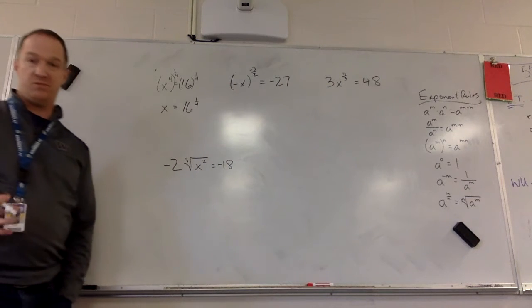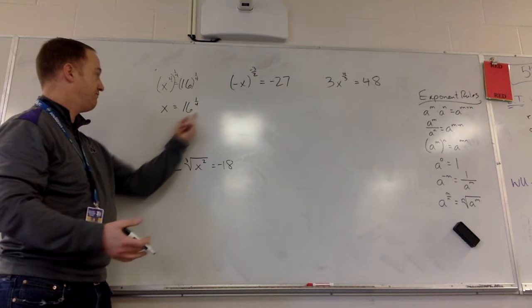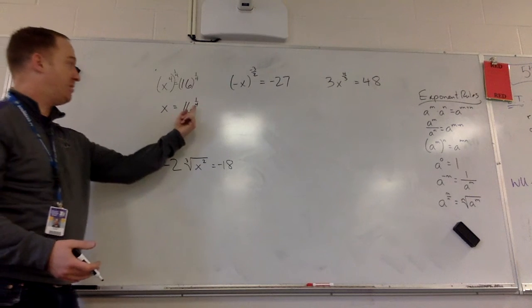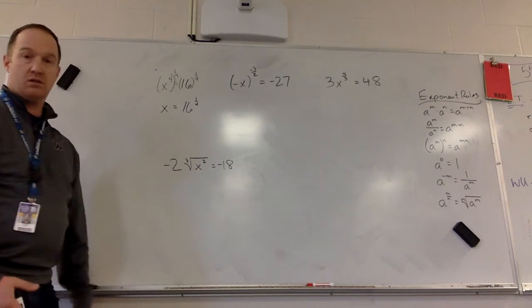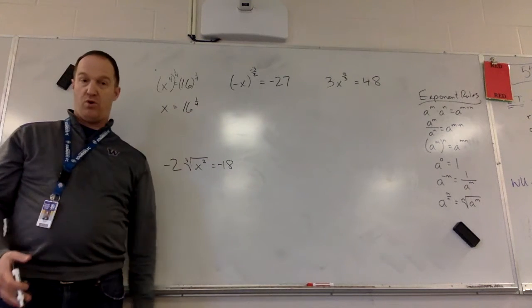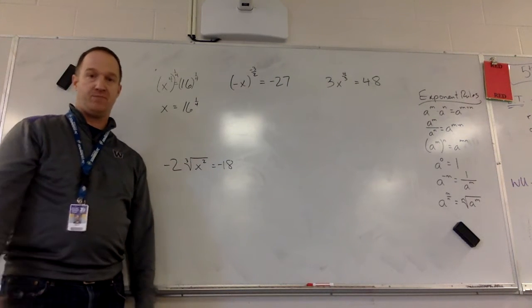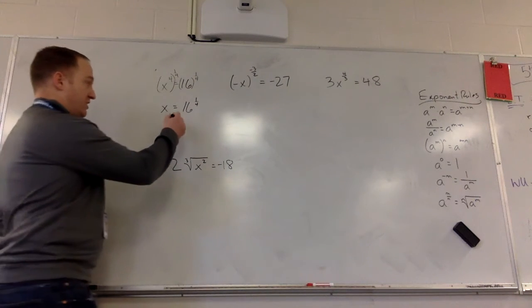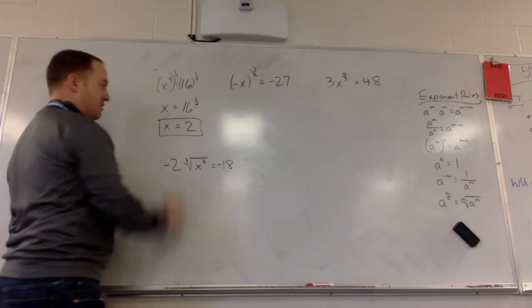Now we use some other properties of exponents to figure out what this is. The bottom number in the fraction is the root. So this is the 4th root of 16. So you have to think of what 4 numbers I can multiply together that are all the same that give me 16. Well, that's 2. So 16 to the 1/4 is 2, and that is our solution.